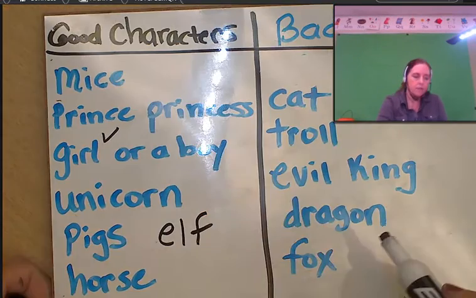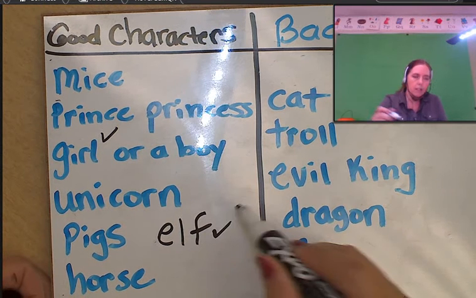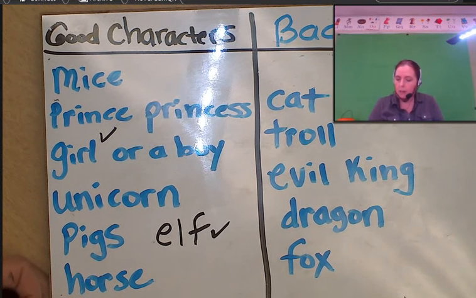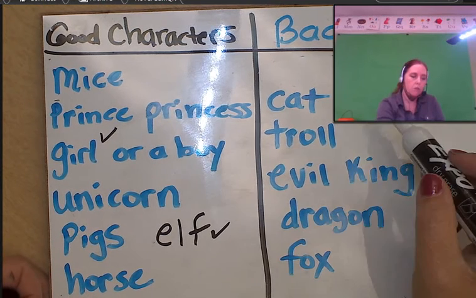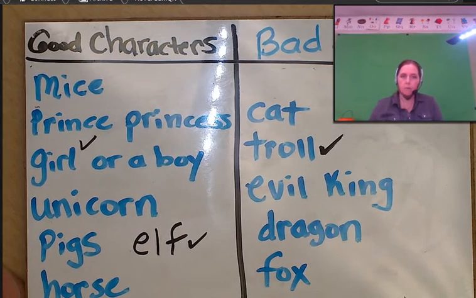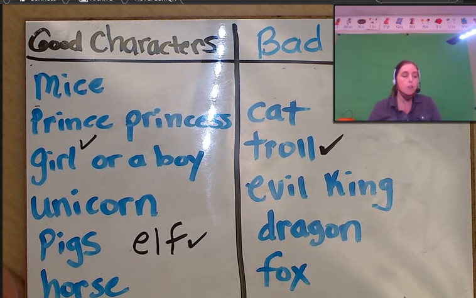So let's see, I'm going to pick a girl. Actually, I'm going to make the elf good, not bad. I'm going to put elf over here, if you can see that. So I'm going to pick a girl and an elf as my good characters. And my bad character, I'm just going to pick a troll for my story. And again, you can pick whatever you want.